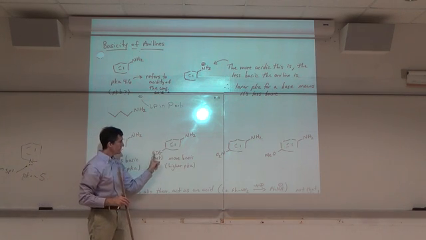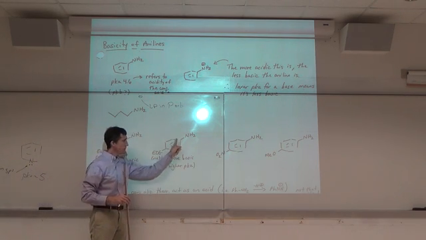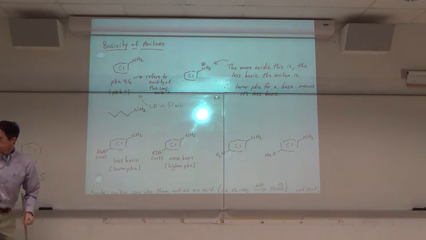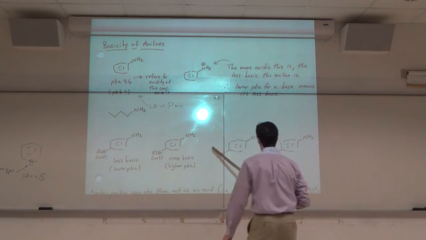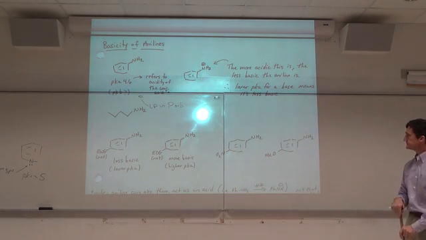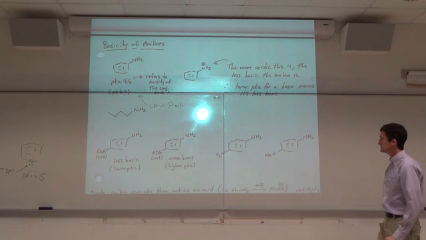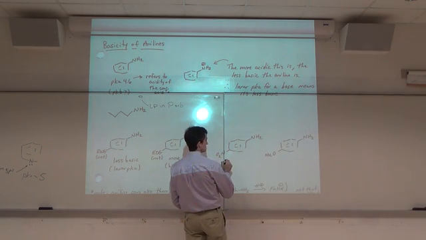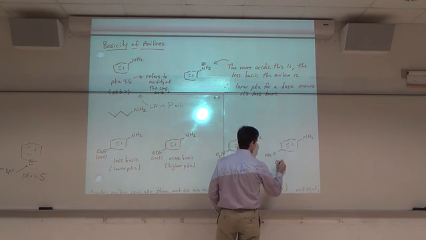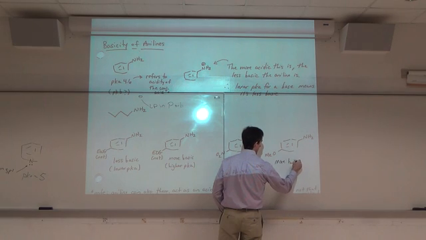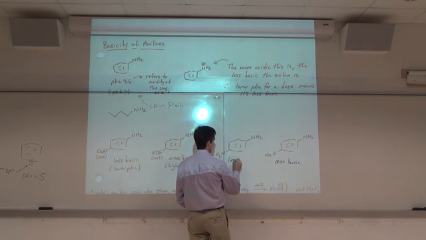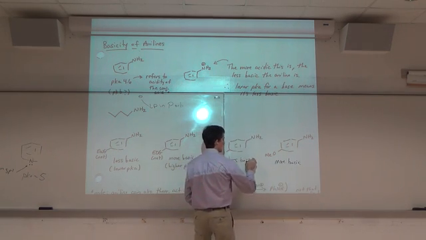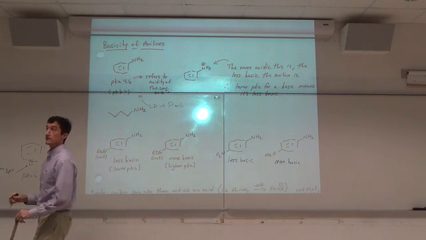If you have an electron donating group, that's going to make it more basic. So we can look at these over here. Which one of these two is more basic? Yes, that's more basic, and this is less basic compared to aniline itself.